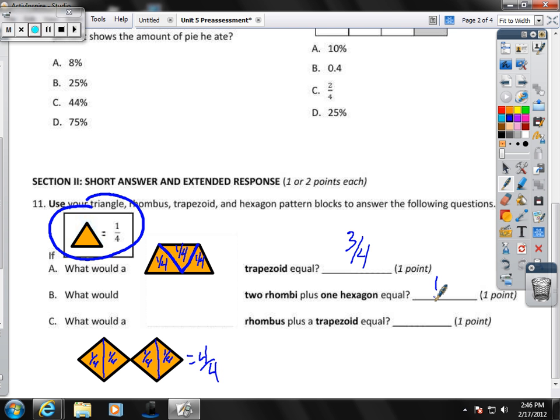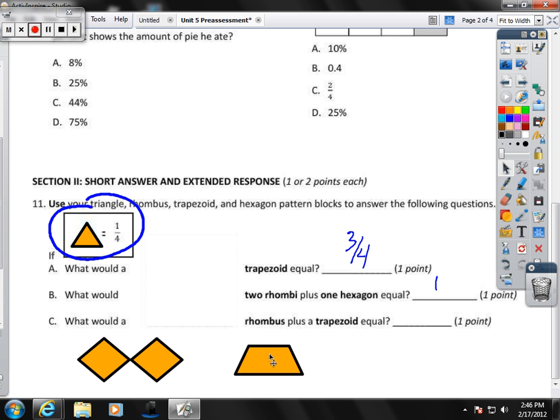What would a rhombus plus a trapezoid be equal to? So now, let me just erase some of this stuff here. And let's get a rhombus plus a trapezoid. So now I have something that looks like this.